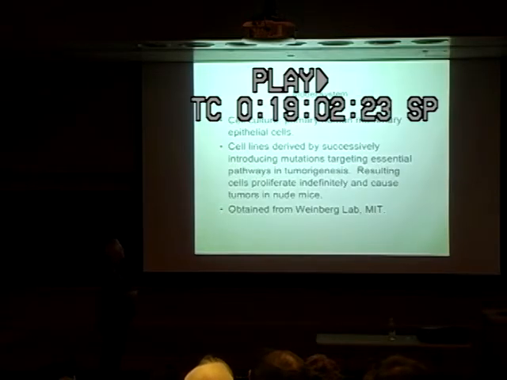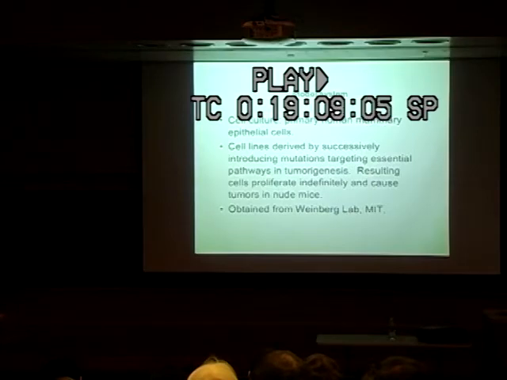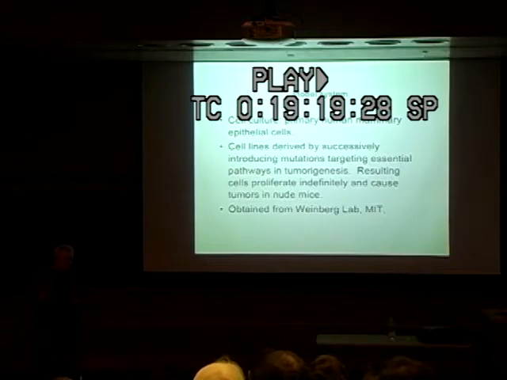Okay. So we're doing this in cell culture. The cell culture is there are several cell lines. They're all derived from primary human mammary epithelial cells, and these cell lines are then successively mutated.